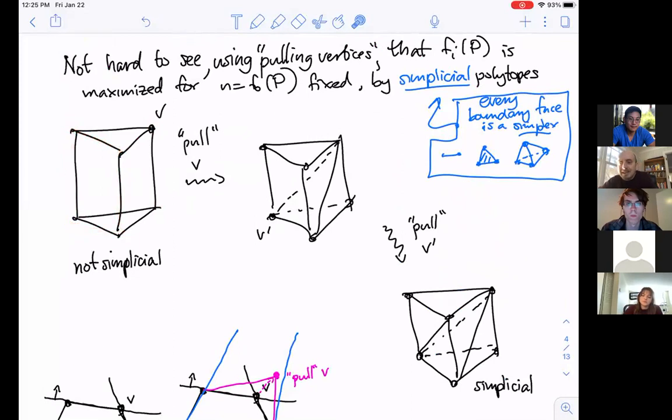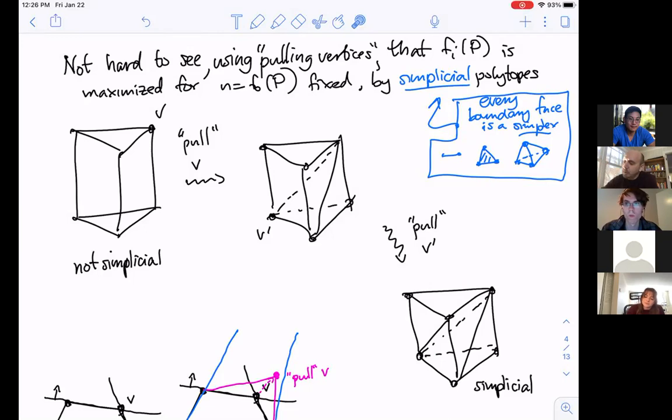If their faces aren't simplices, like in this case, it's a quadrangle, that's not a simplex. Two-dimensional simplices look like triangles. And so if it didn't have triangular faces, for example in a three-dimensional case, you know there's going to be another polytope that has the same number of vertices, but more faces in every dimension.